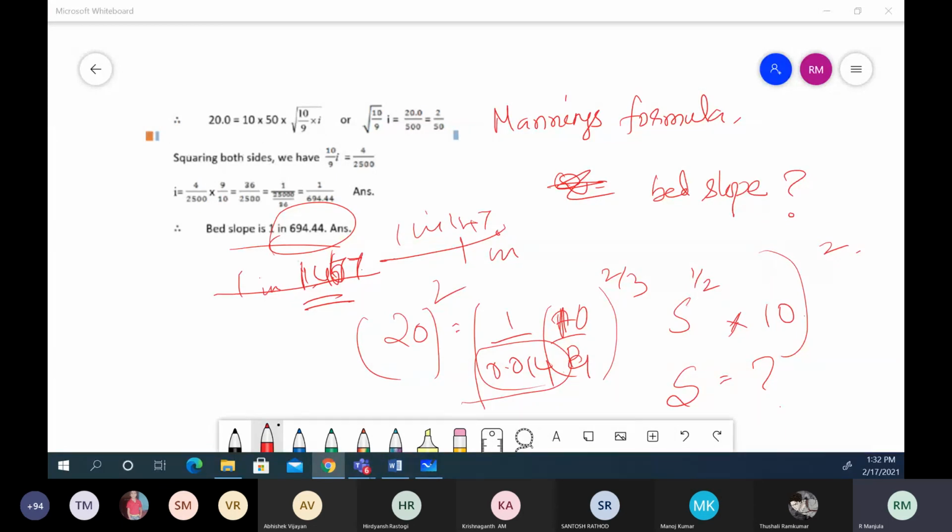Have you done some problem in trapezoidal section? Say yes or no, whether we have done some problems related to trapezoidal section. Yes, ma'am. Okay.